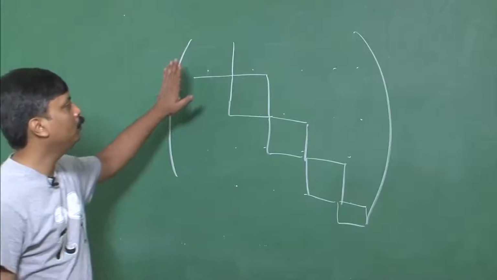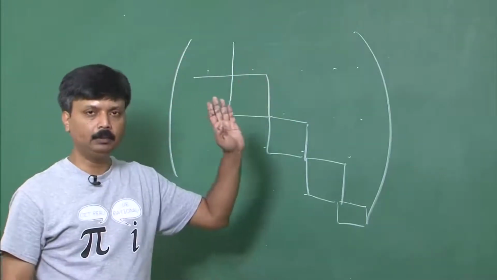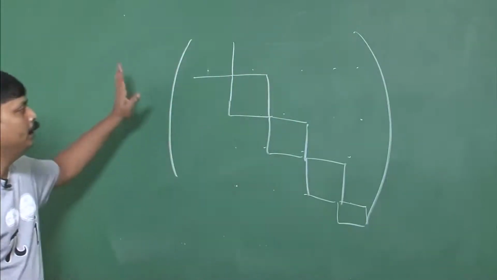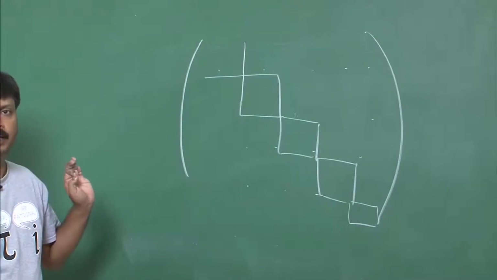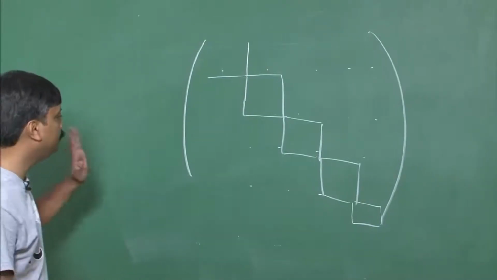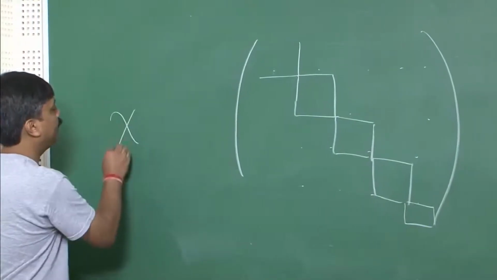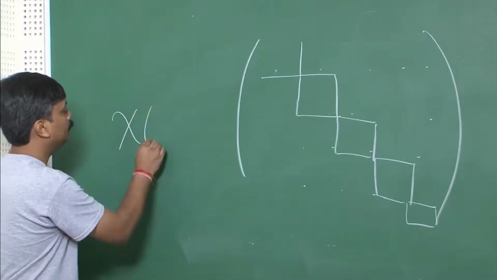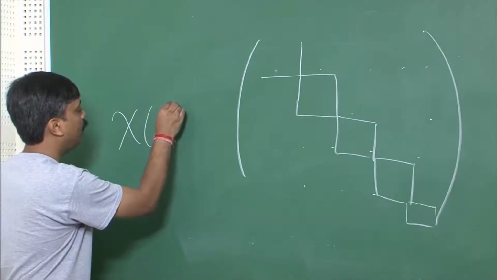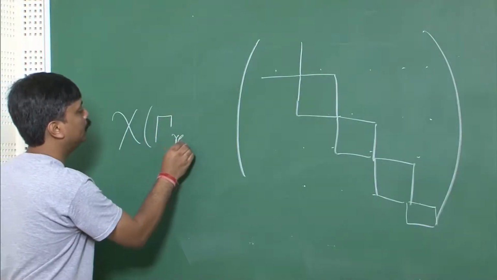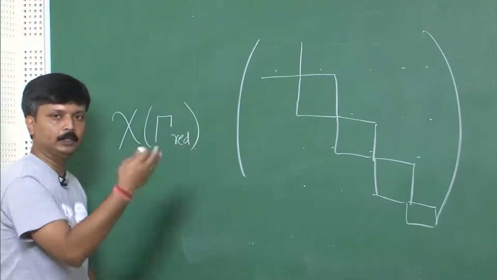Now when you start with a representation, before block factoring it, you get the trace of the matrix. So suppose before doing this block factoring, you have a character for a representation. Suppose I call that gamma reducible, because you can reduce it.